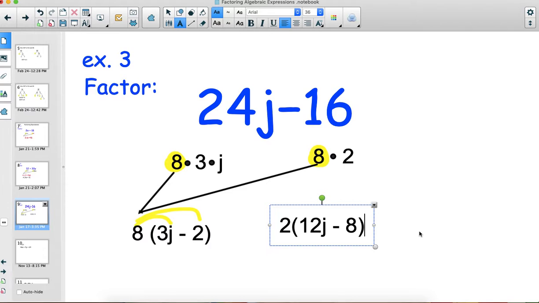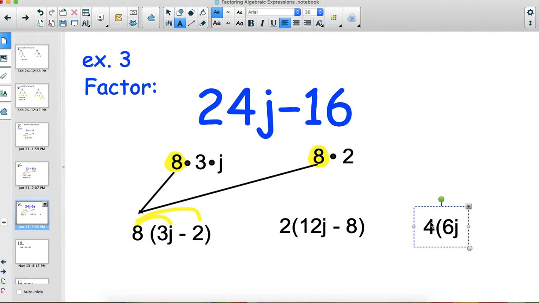And if you pulled 4 out, you would have 4 times 6j minus 4. In algebra, you're going to want to pull out the greatest common factor when you're doing problems. But as far as 7th grade goes, all of these are good. This one would be the best, and then these are still good.